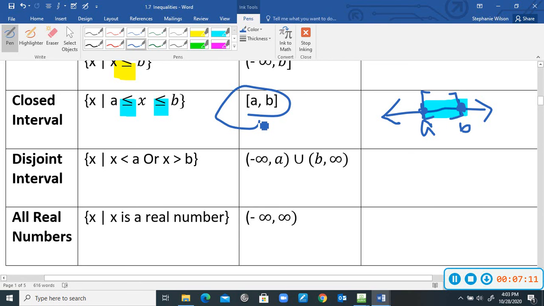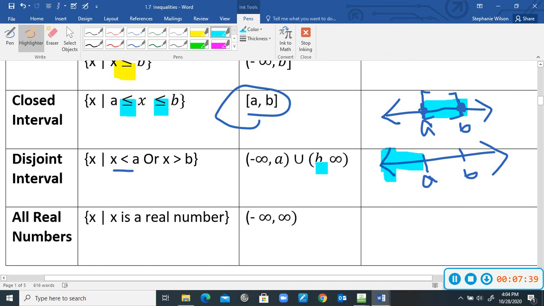Now, this next one says that we have a or, right? This is telling me that I have points on a number line, and we're not using all the points. Let me draw it right quick. So this says x is less than a. So if x is less than a, then I need to go off in this direction to the left.